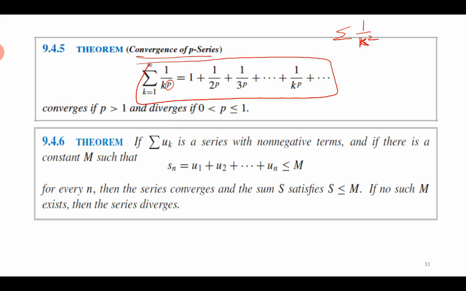It is 2 there. I can write summation 1 over k cubed, summation 1 over k power 1 by 2. So now check the p. If p is greater than 1, like the previous case where it is 2, we have found it is convergent, isn't it? Check the previous example. Okay, we have found it is convergent.